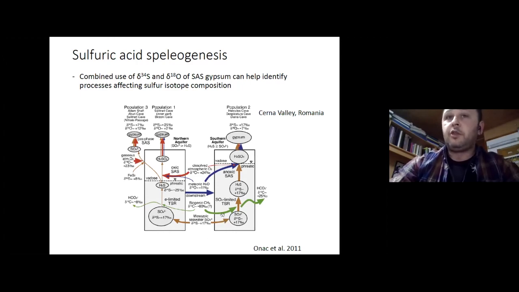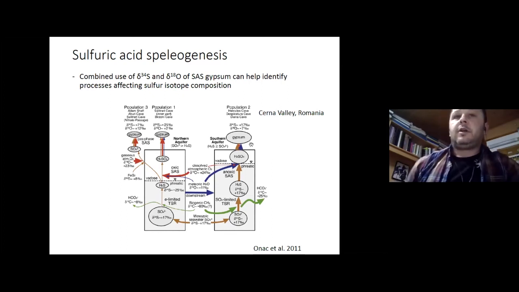In the end, due to various conditions, such as the type of reduction, whether it was electron donor limited or sulfate limited, it produced different values, which were reflected in the gypsum which was formed. For example, from the same source, we can have gypsum with a composition of -7 per mil, or -25 per mil, or plus 17 per mil.